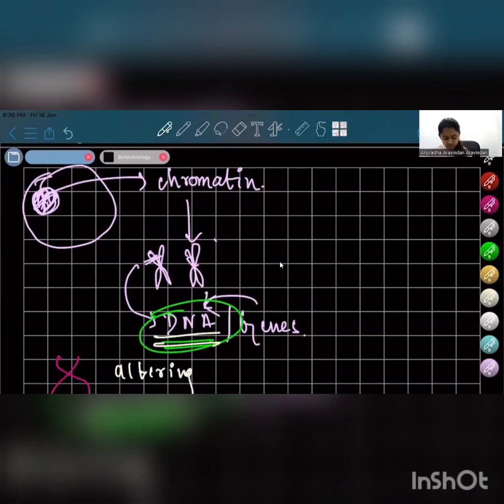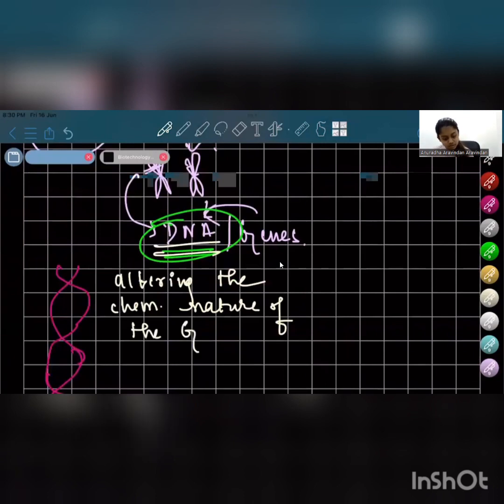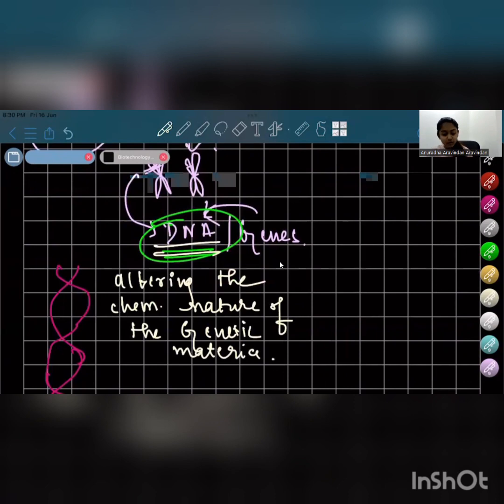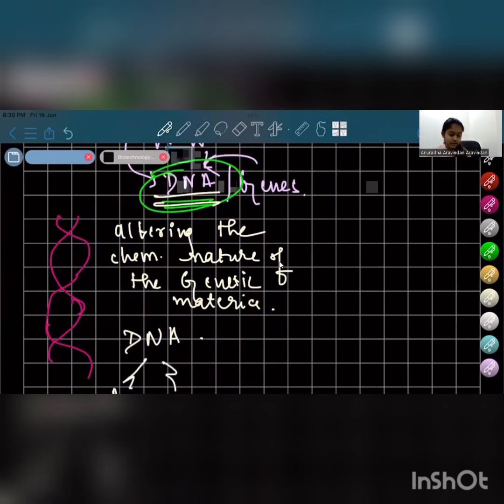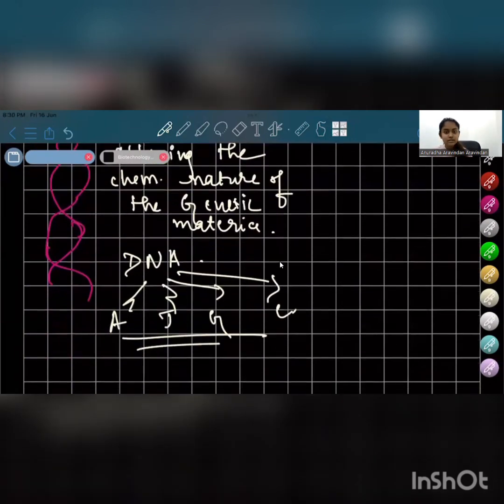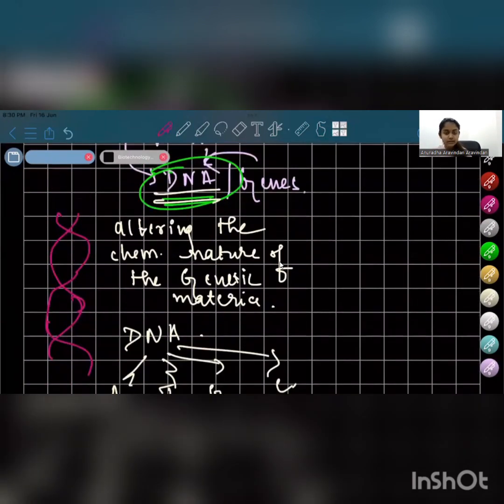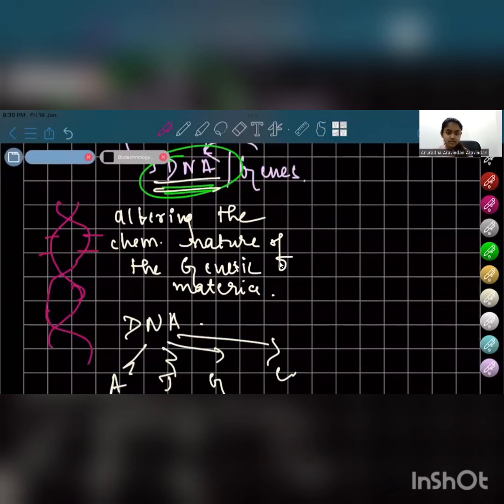Because of this alteration, you know that DNA actually contains four nitrogenous bases: adenine, thymine, guanine, and cytosine. If I'm altering the base pairs present in this DNA, then eventually what will happen? The whole genetic material, like the code, will get altered, right?